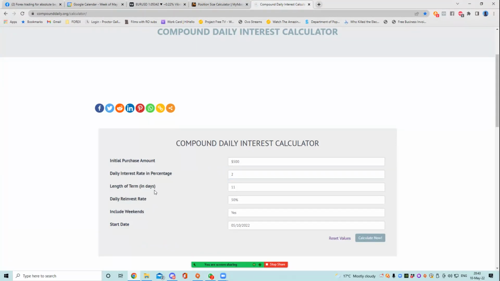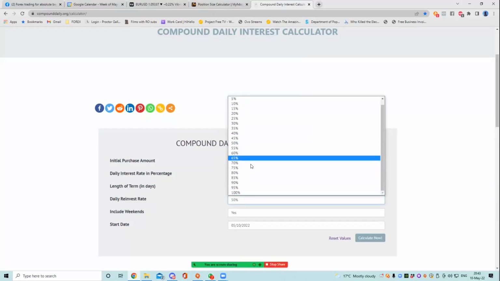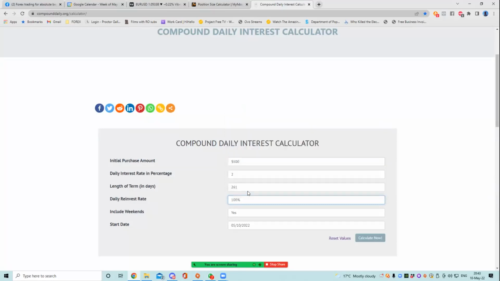In terms of length of term, instead of putting 365 days, which is 1 year, I'm going to put in 261 days, which is 1 year minus the weekends, because the Forex markets are closed at the weekend. I'm going to imagine, for the purpose of the simulation, that I'm not going to take any of my earnings out. I'm going to leave the $500 there to grow over time, and I'm going to calculate.